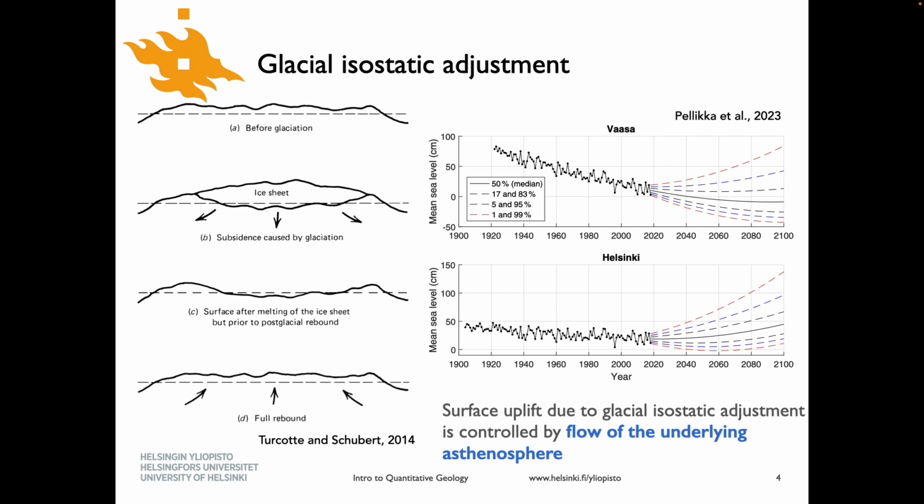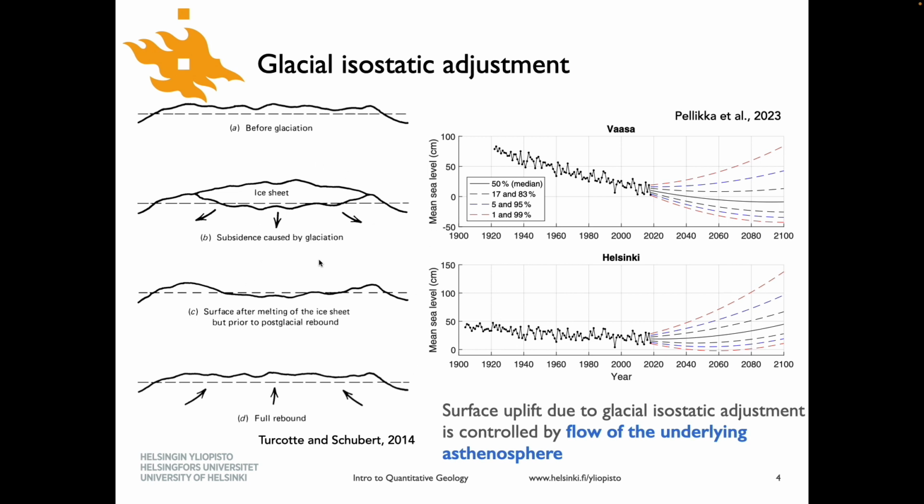At the end of a glacial period, when the ice load melts away, you have a surface that's been depressed as a result of the glacial loading that slowly starts to move back up into its equilibrium position, based on a full rebound and returning to an isostatic equilibrium state.